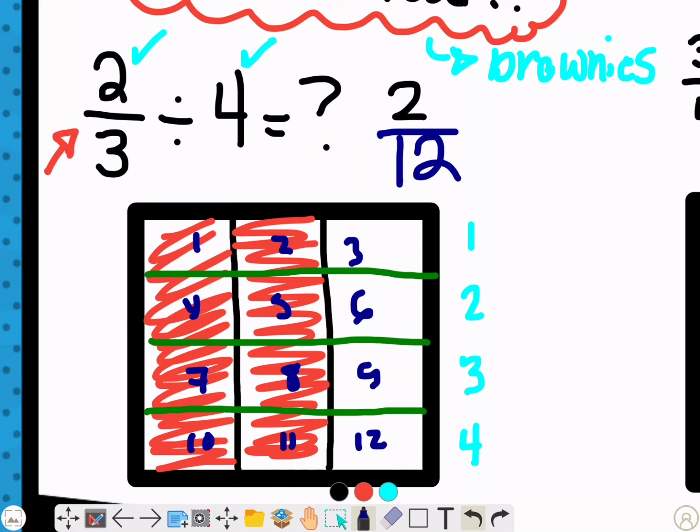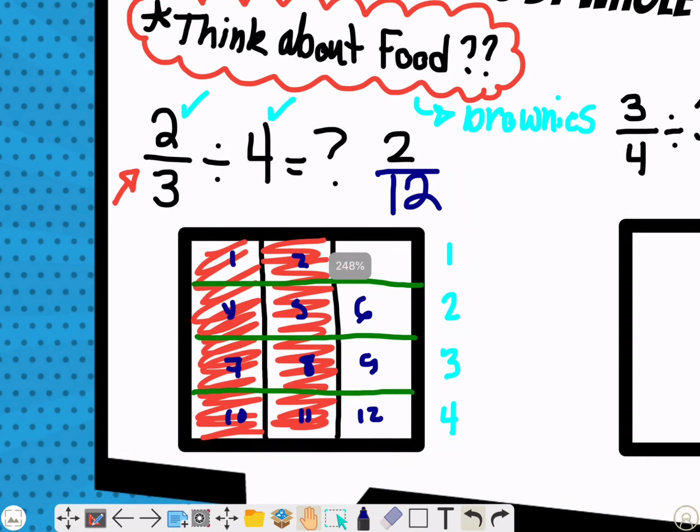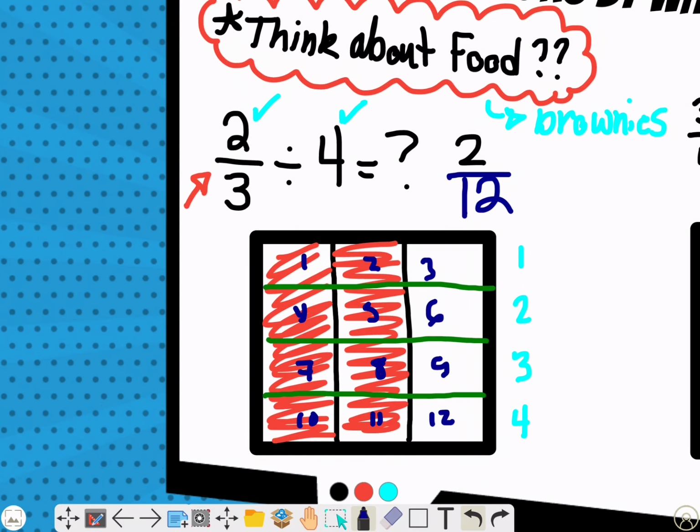So in that problem, 2/3 divided by 4, the answer would be 2/12, because each friend gets 2 slices and there are 12 slices in all. Whenever you're doing this, think about the first fraction. You're going to break it up vertically, and then you're going to break up your groups horizontally.